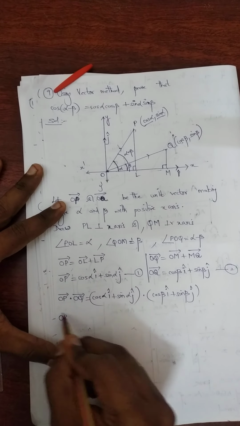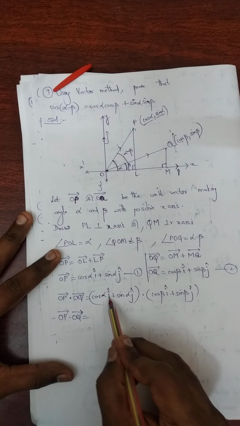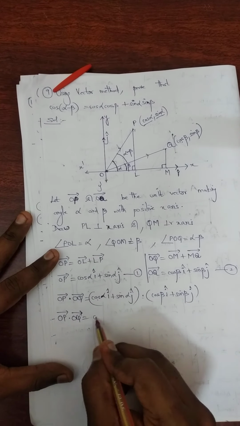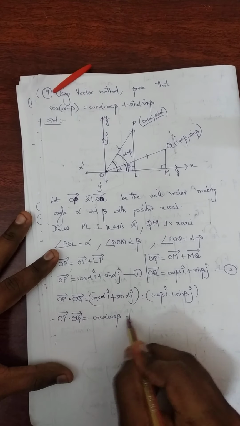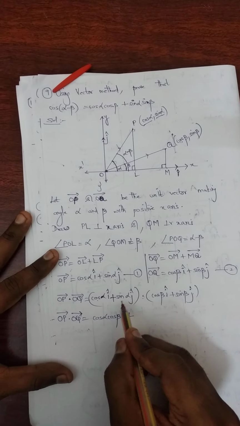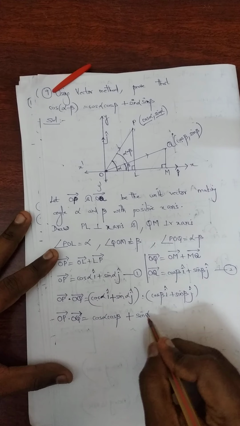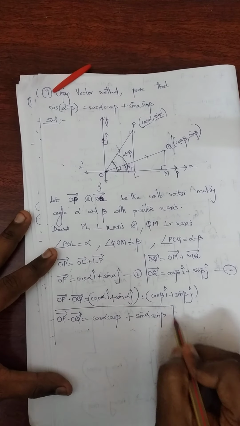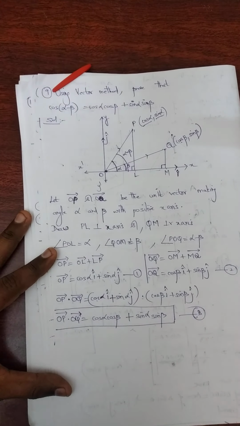OP dot OQ is equal to, i dot i is one, so cos alpha cos beta, plus j dot j is one, so sin alpha sin beta. This is very important. Keep it as equation 3.